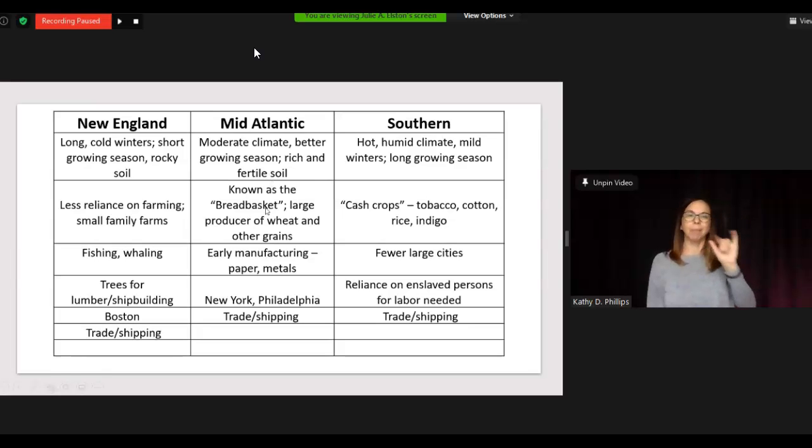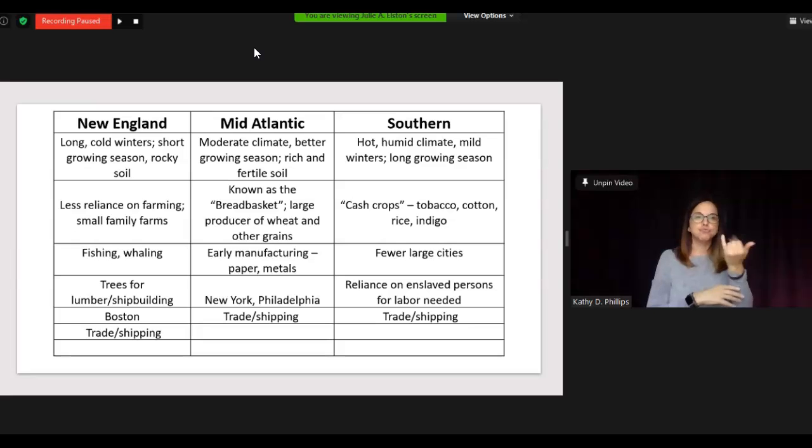The Mid-Atlantic region had a much more moderate climate, kind of in the middle. Better growing season. The soil was very rich and fertile, and so agriculture did well here. This region becomes known as the breadbasket, right? Kind of a symbolic idea that it's where all the wheat and other grains are grown.